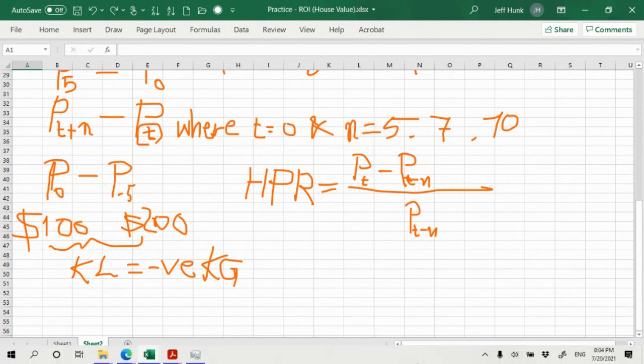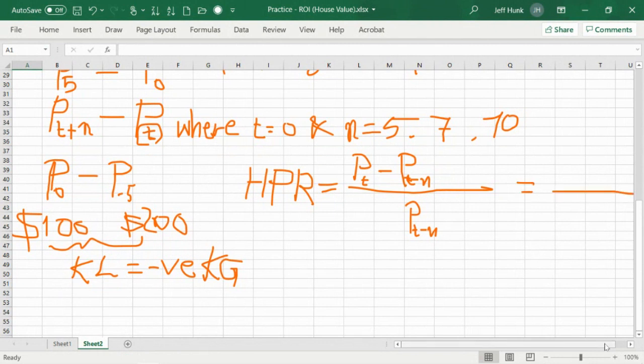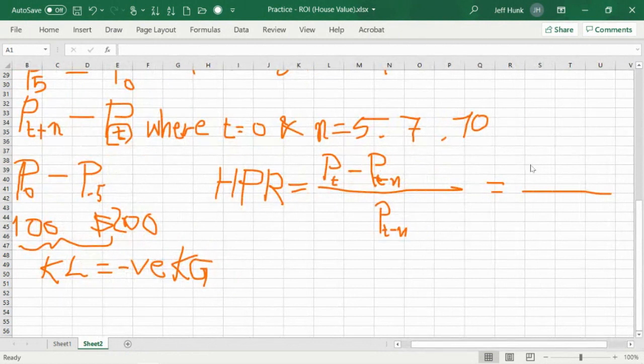Think about it. How do you calculate return? Return is basically capital gains, which could be either positive or negative.